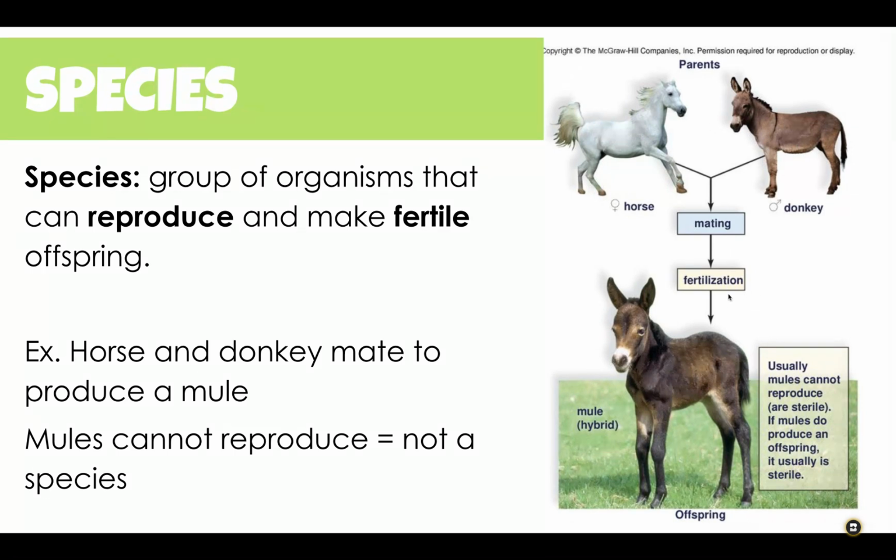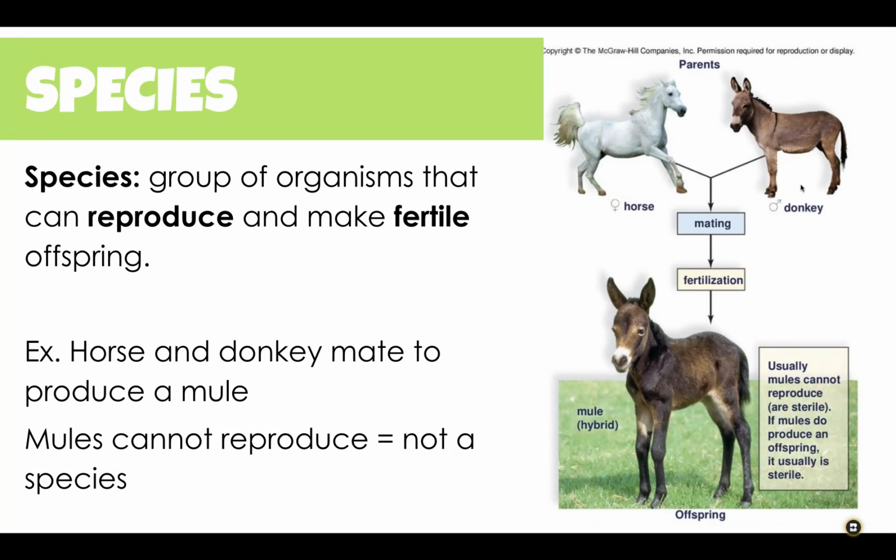They can produce an offspring, which is a hybrid of the horse and donkey, which we call a mule. However, mules are sterile. They do not have the ability to produce their own offspring. They can't produce a mule. So because of that, mules are not considered a horse. They're not considered a donkey. They're just a hybrid of the 2 species.